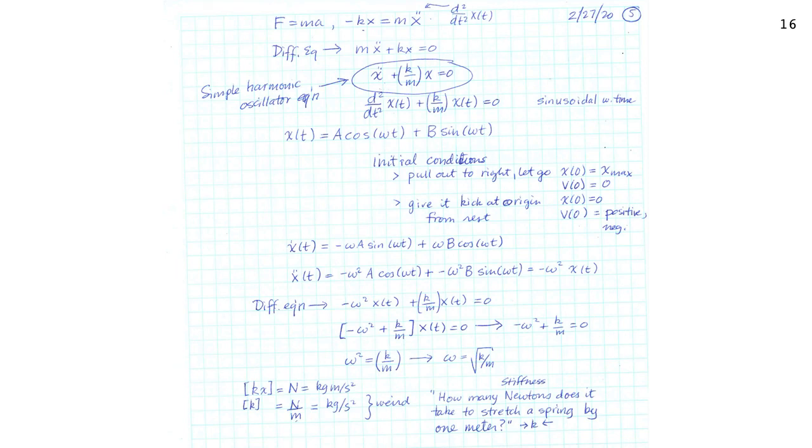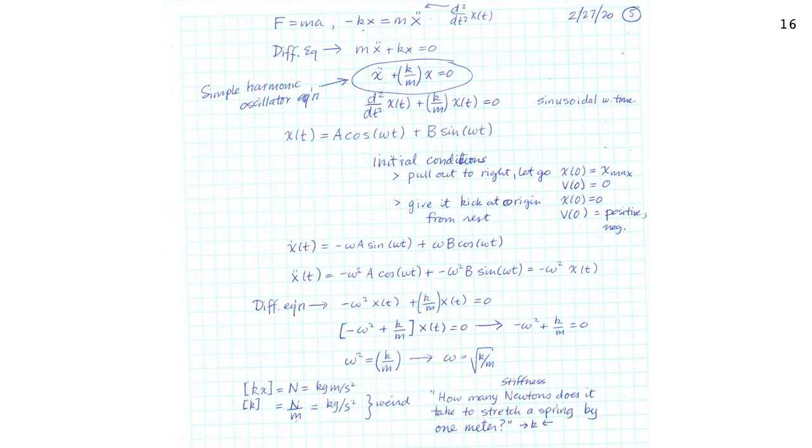So now we've dealt with this before. Let's take our differential equation and convert it to m x double dot plus kx equals 0. We just put the kx over on the other side.